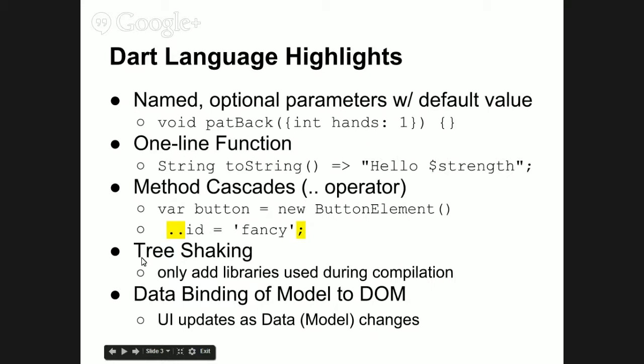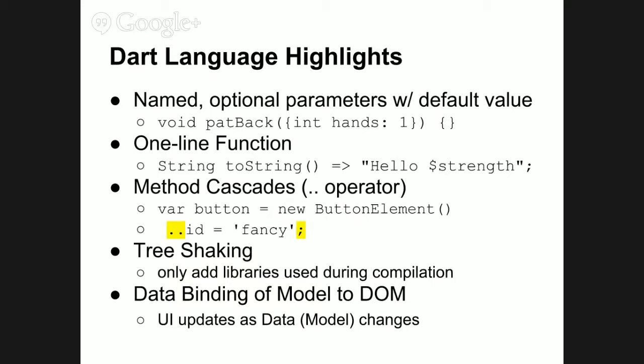Another one is tree shaking. In a lot of programs, you import a bunch of libraries, and some of them you might not use, or you use only a subset. What this does is factor in only the areas that you use, so it results in a smaller compiled object.